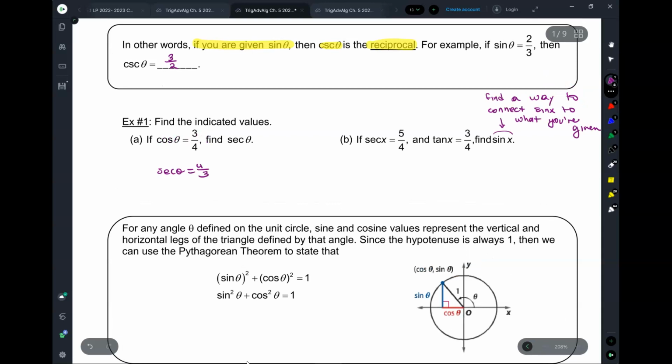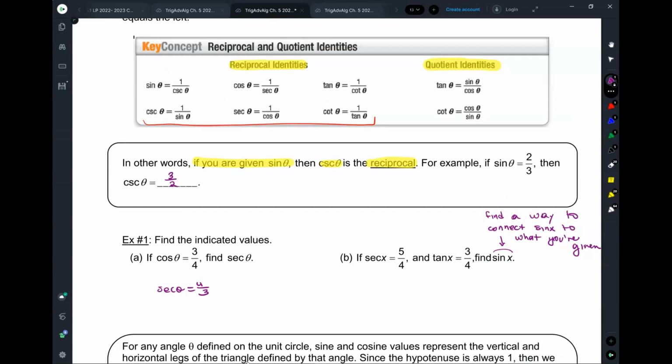All right, so for that, let's go up here. Well, okay, I'm given tangent and I'm given secant, but if you're given secant, what else do you also know? Do you also know the cosine? Because they're reciprocals, right? And I need to find sine.